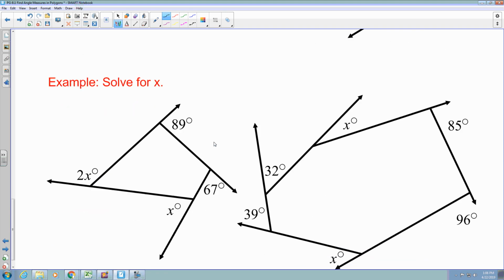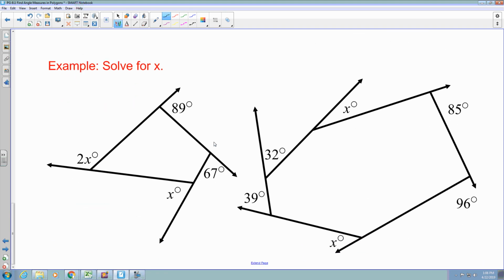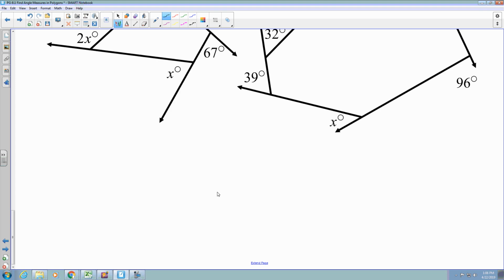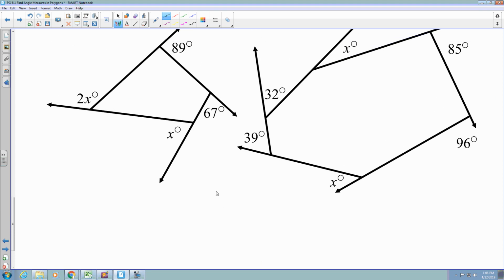So we look here, we're asked to solve for x. So in this first example, we have 4 exterior angles. We have x plus 2x plus 89 plus 67. The result of that is going to be 360.